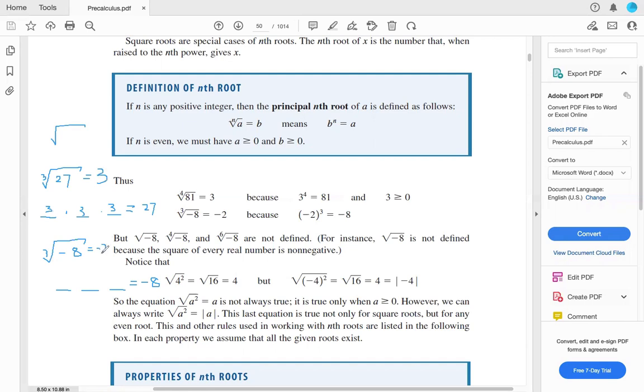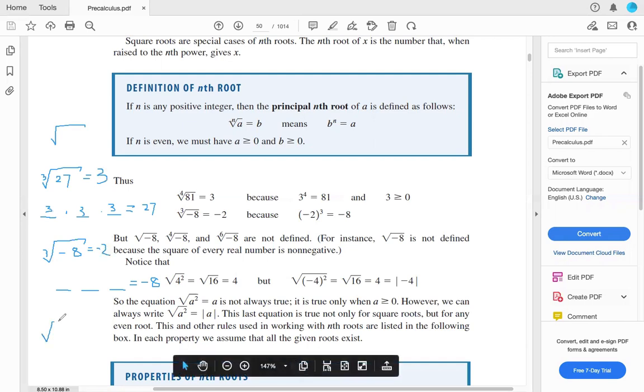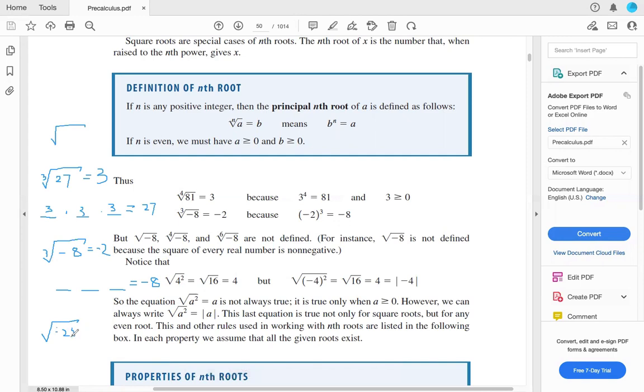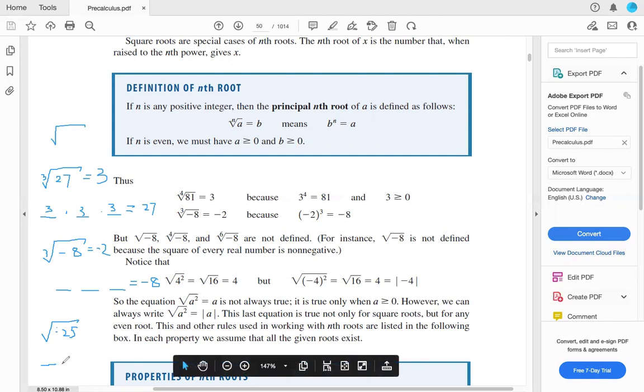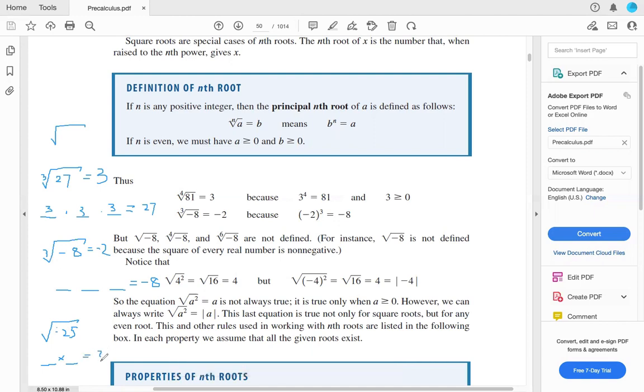So what about the square root of -25? Is it possible to have a second root of -25? Is it possible to have two numbers multiplied together give you a negative number? No, it isn't possible. If two negative numbers multiply together, the result is always positive.